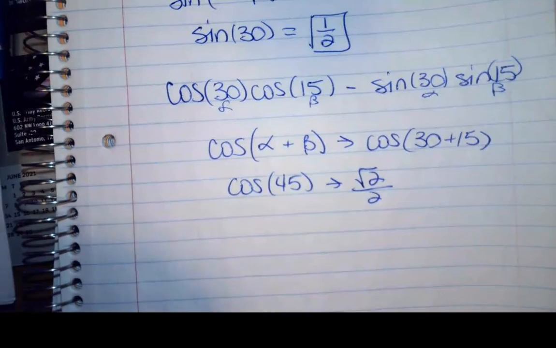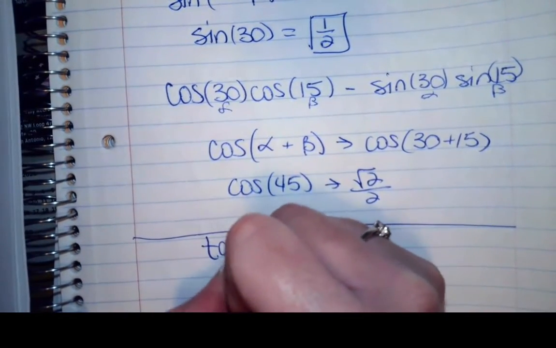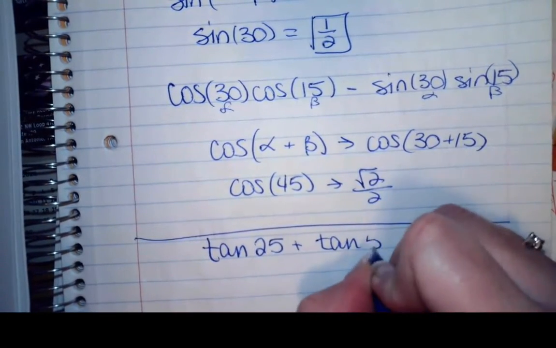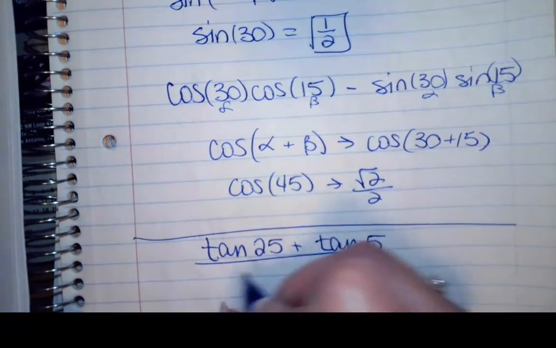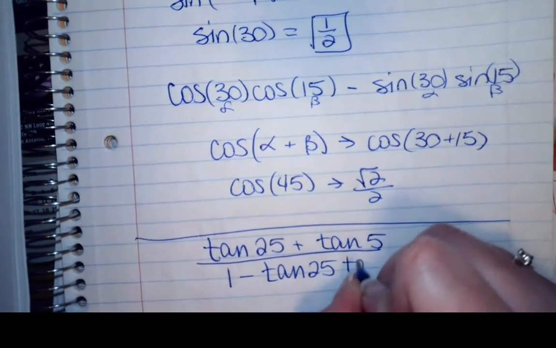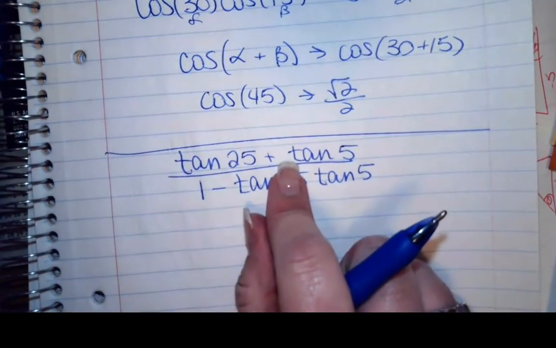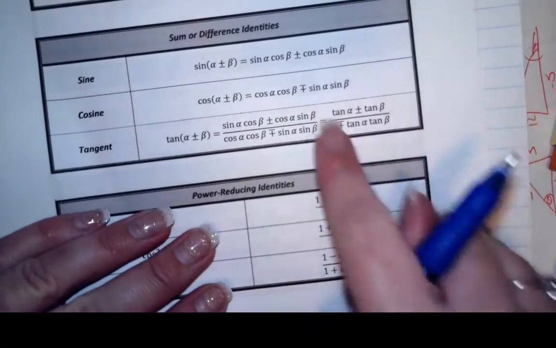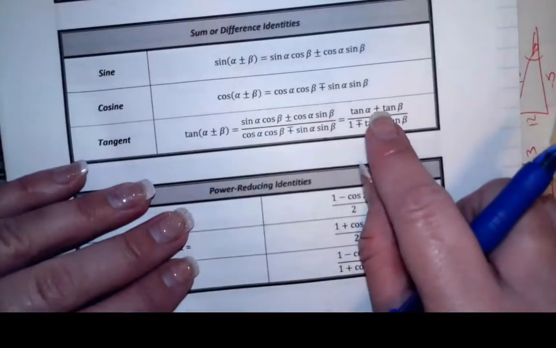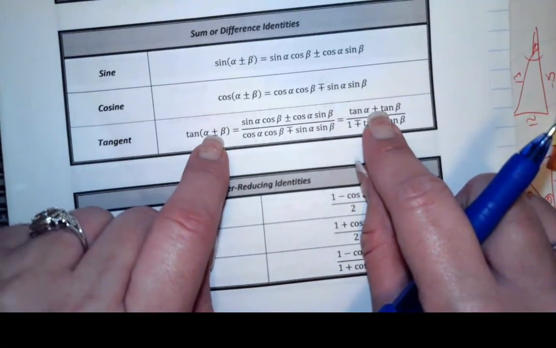All right, so let's try another one. We have the tangent of 25 plus the tangent of 5 over 1 minus tangent 25 times the tangent of 5. So when I compare to what I've got, a whole bunch of tangents sitting here. Comparing to my tangents, the top value is addition, so work backwards, I'm going to be adding alpha and beta.